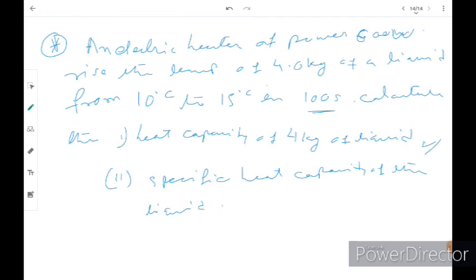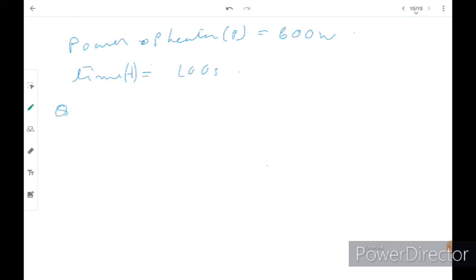To solve this one, we know that power of the heater, we will write just P is equal to 600 watt, and time is equal to the time heated for, so we write t is equal to 100 seconds. So the heat energy Q that is produced is equal to P into t.